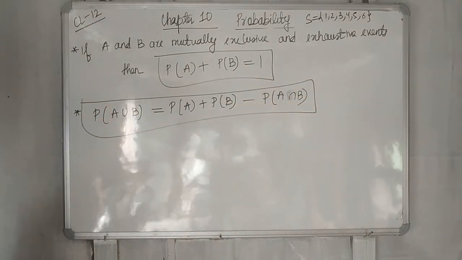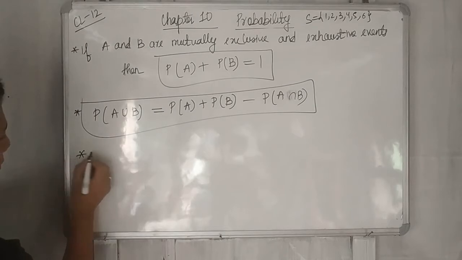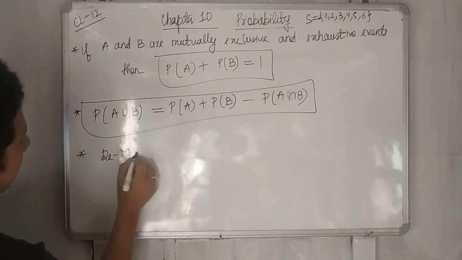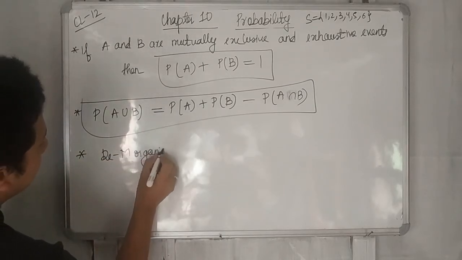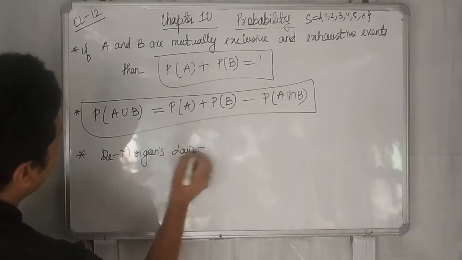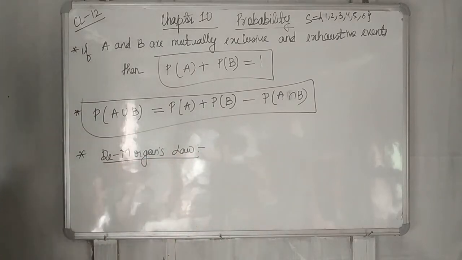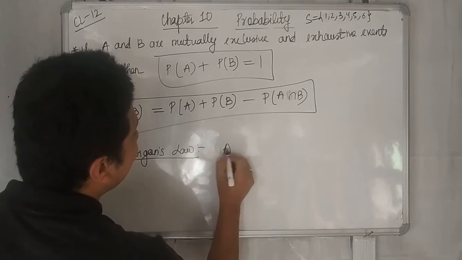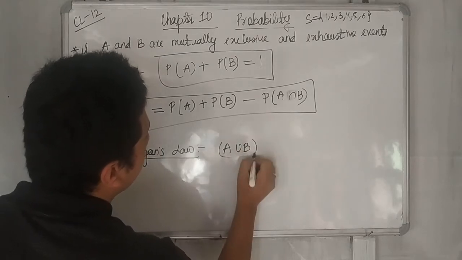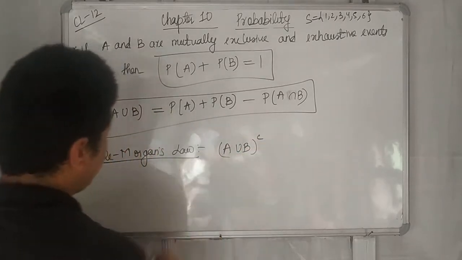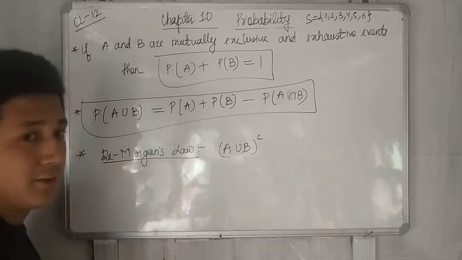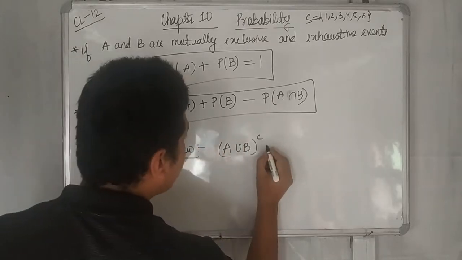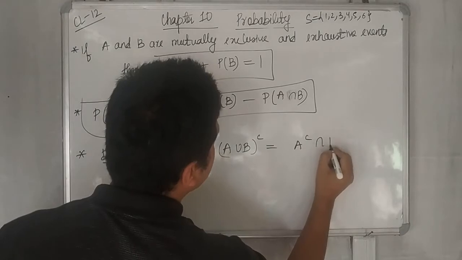Alright, and also I want to give you De Morgan's law. De Morgan gave us the law: (A union B) complement. Yes, I forgot to mention about this. Complement means not happening. Then it will be A complement intersection B complement.